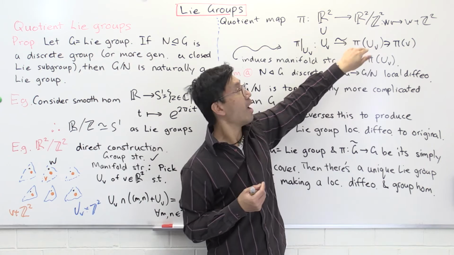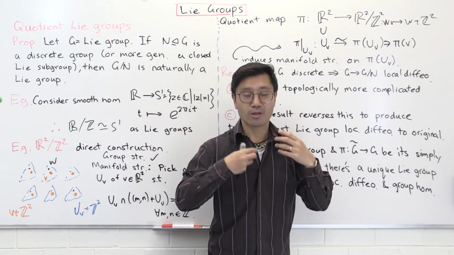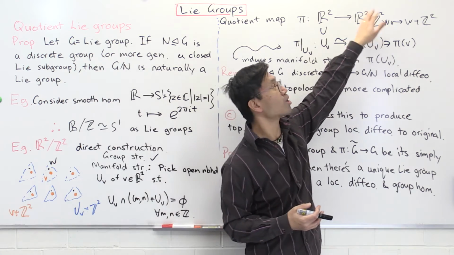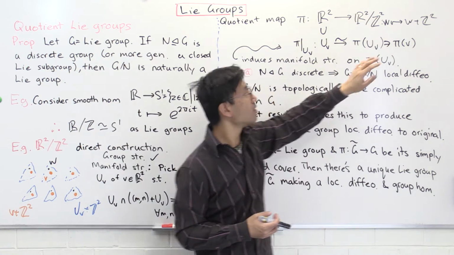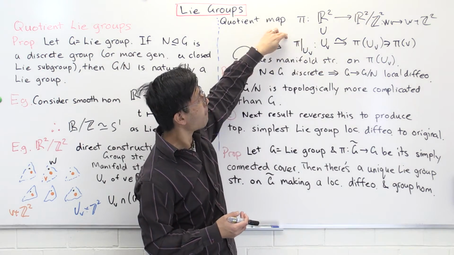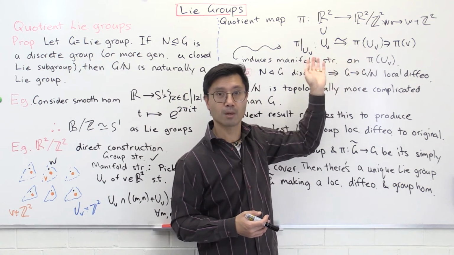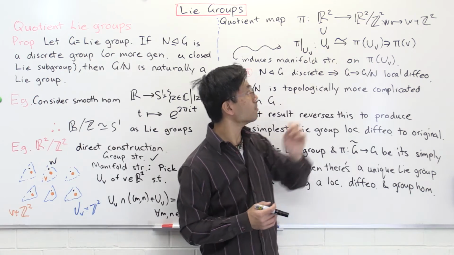If you work slowly through the details, you'll see that this does define a manifold structure on here, such that this map pi, when we restrict to UV, is going to be a diffeomorphism. You insist that these are diffeomorphisms.